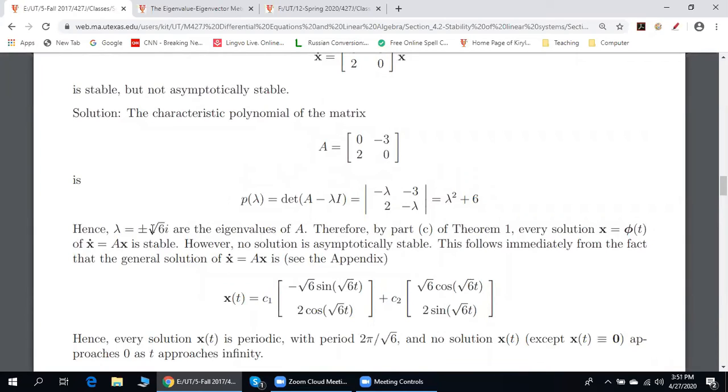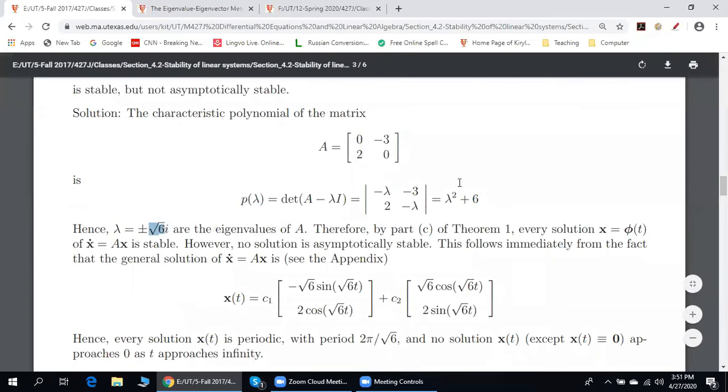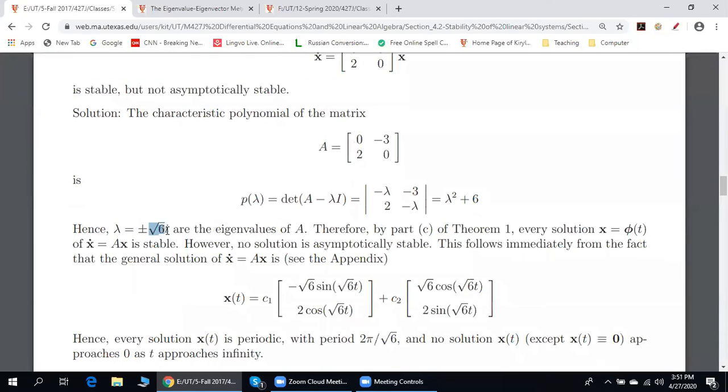Observe that we have two distinct eigenvalues. Since these are distinct eigenvalues, multiplicity of each eigenvalue is 1, because lambda squared plus 6 can be rewritten as lambda minus square root of 6i times lambda plus square root of 6i. So in both cases, multiplicities are equal to 1.